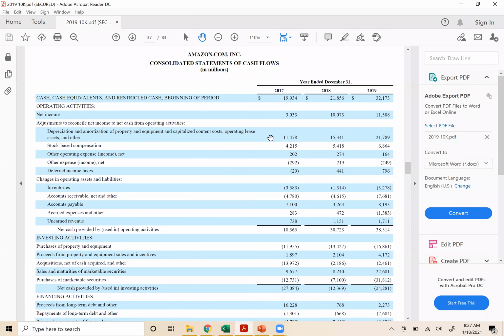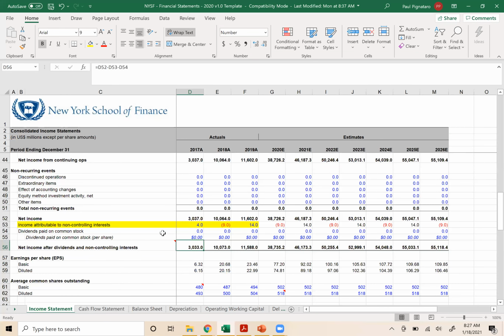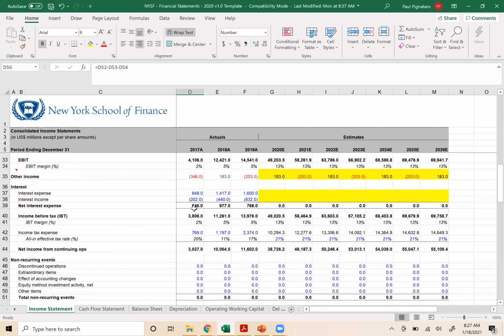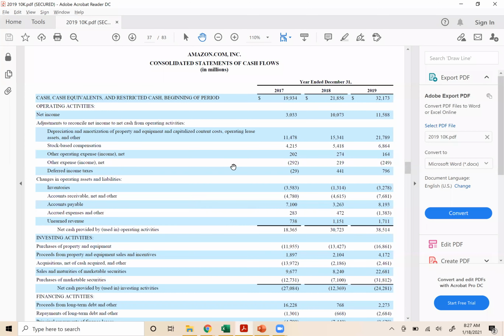Depreciation, amortization, historically, is 11,478. That's got to match the one that we've pulled, 11,478. And it does. And again, let's link it. I don't want to hard code the same number twice. You're just exposing yourself to a possible error.